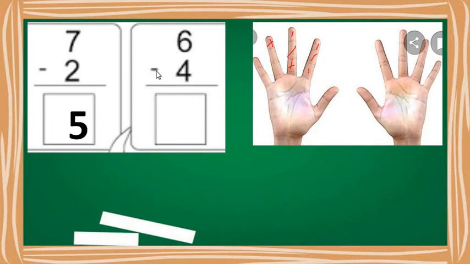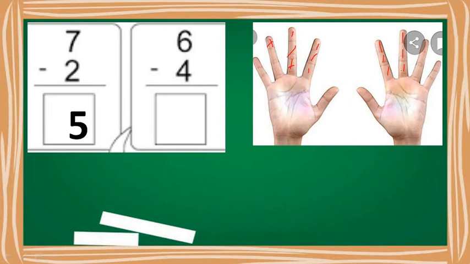Next is 6 minus 4. The sum is 6 minus 4. It means we have to count 6 fingertips first. Let's do it. Count with me. 1, 2, 3, 4, 5, 6.